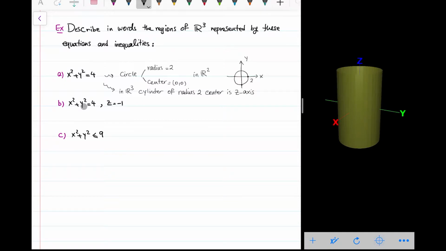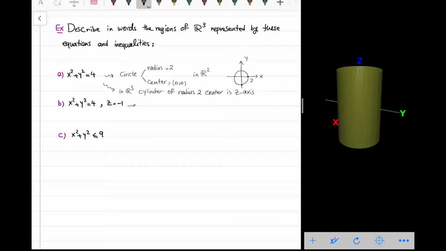The next one is x squared plus y squared equals 4 and z equals -1. In this case, the region I'm describing would be on the plane z equals -1.